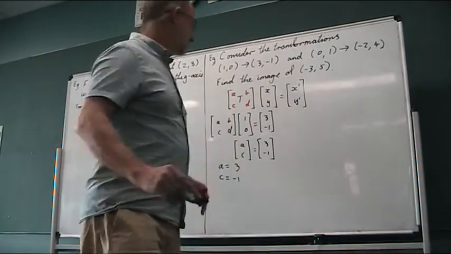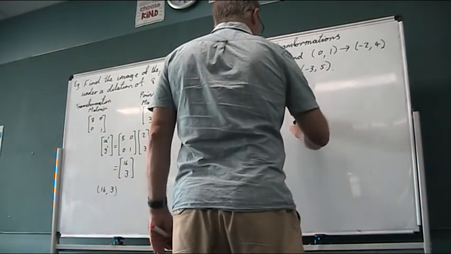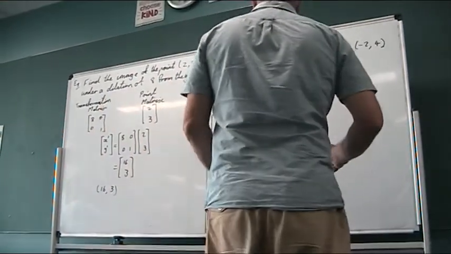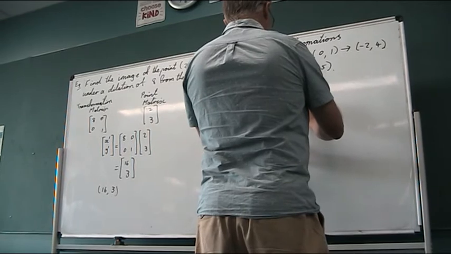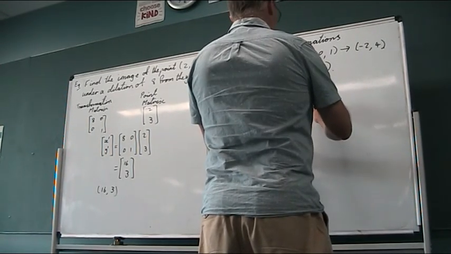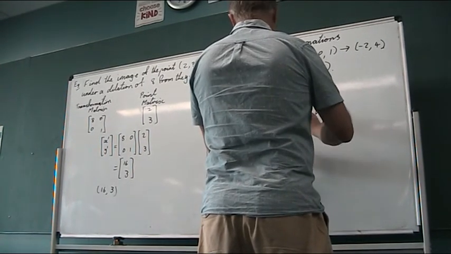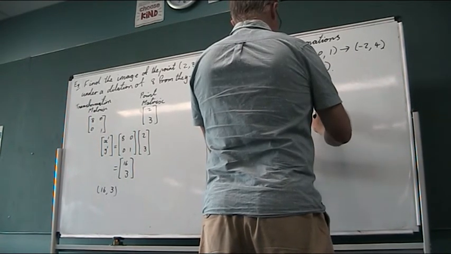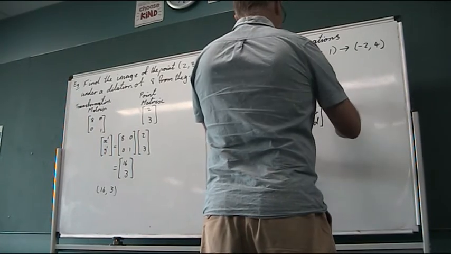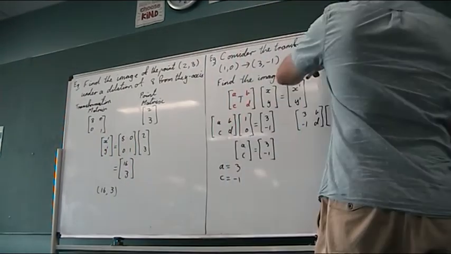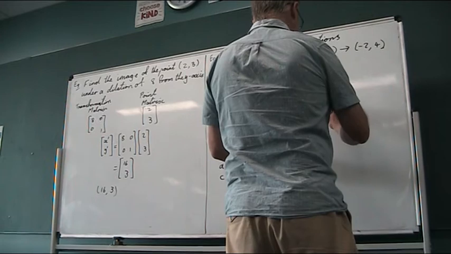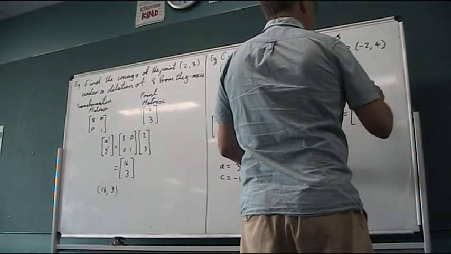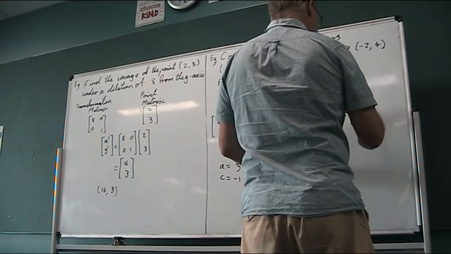We've got another point, so let's do the same with that other point. But now we've got some information, so we can put the 3 in. B we still don't know. The C we know is -1, and the D we don't know. So when we multiply that by this point, which is 0 and 1, we get our image, which is -2 and 4.